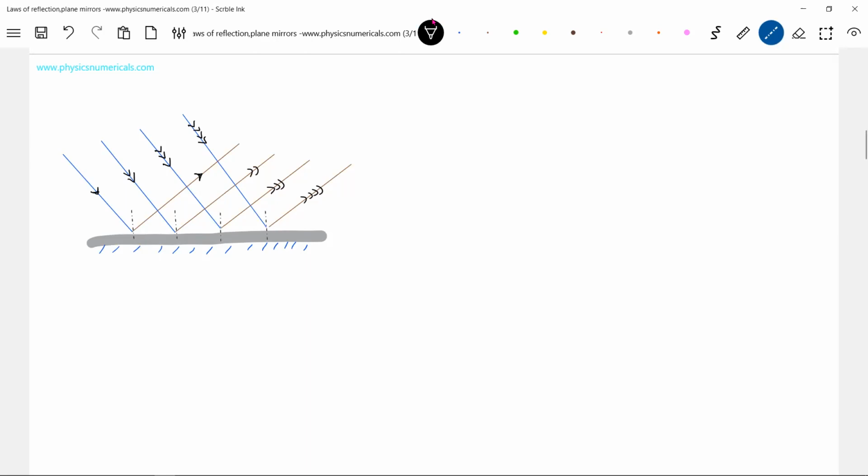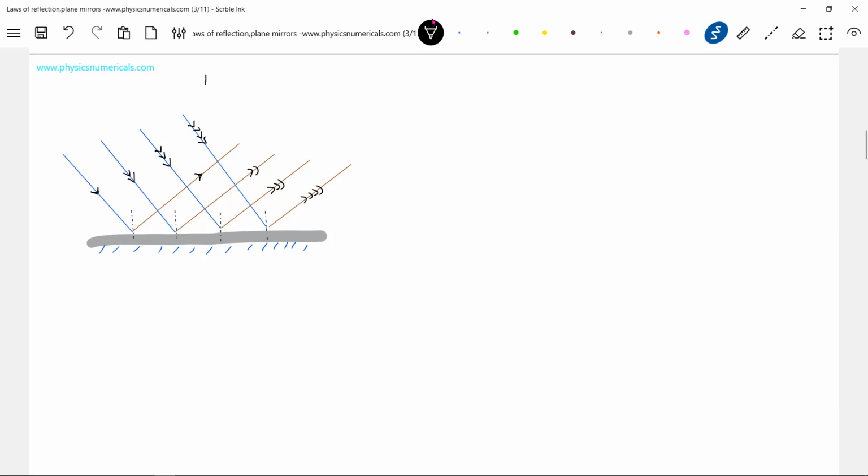Okay, there's a normal. If a parallel beam of light is incident, the reflected light will again be a parallel beam of light. This is called regular reflection, or we can also call this specular reflection. Either of the words we'll use.